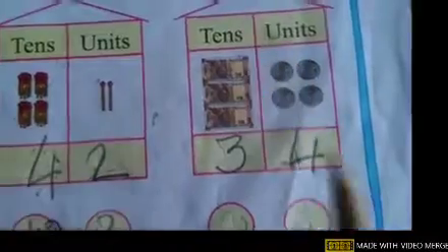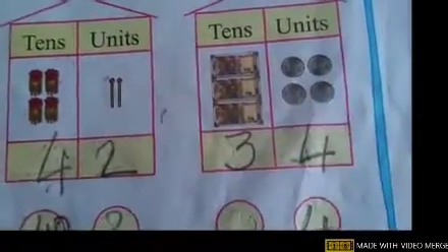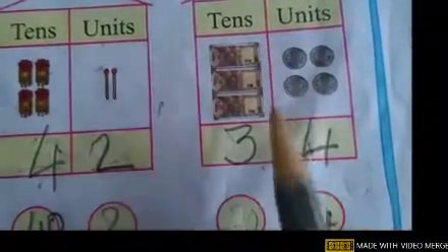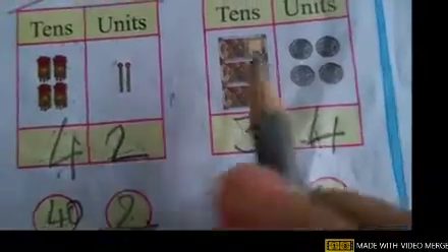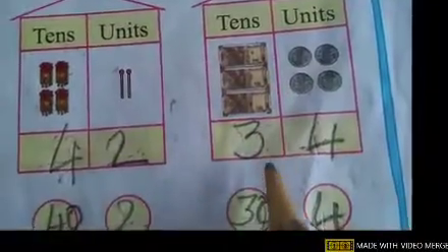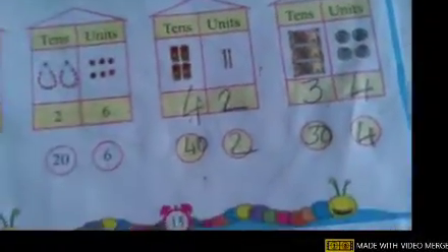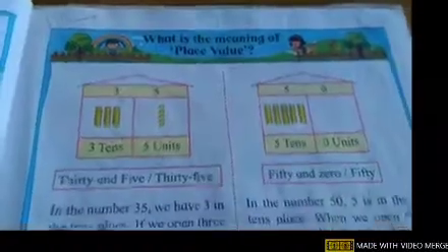Place value of 4 is 4 only, because it is standing in units place. Single 4. Okay. And then the place value of 3 is 30. See? 10, 20, 30. So 3 tens means 30.